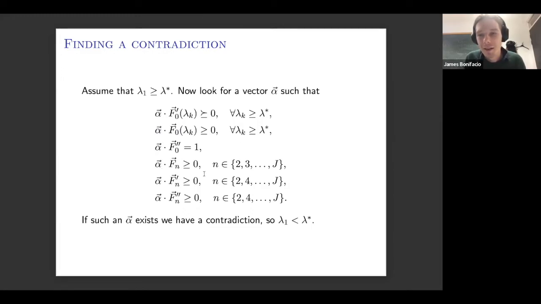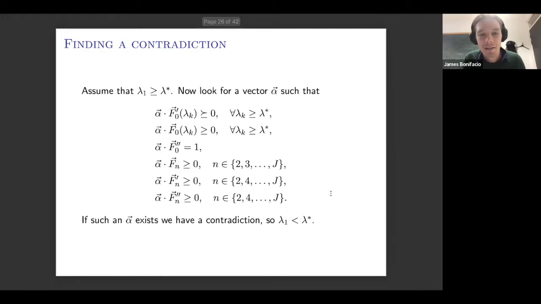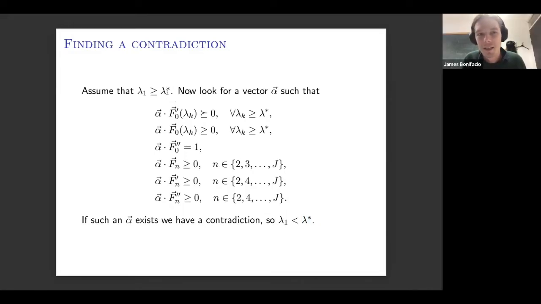If I can find an alpha such that this is true, then I have a contradiction, because dotting alpha into this equation, I get a strictly positive quantity plus non-negative quantities adding up to 0, which is impossible. And therefore, I can conclude that the spectral gap must be less than this lambda star that I assumed at the beginning. So this is how you would find an upper bound on the spectral gap lambda 1.